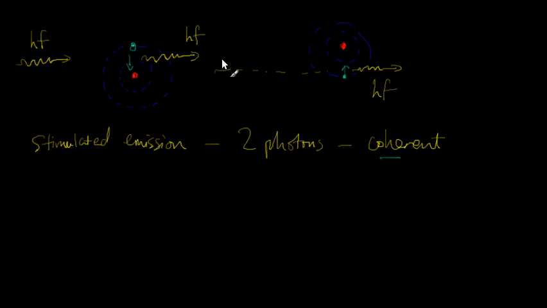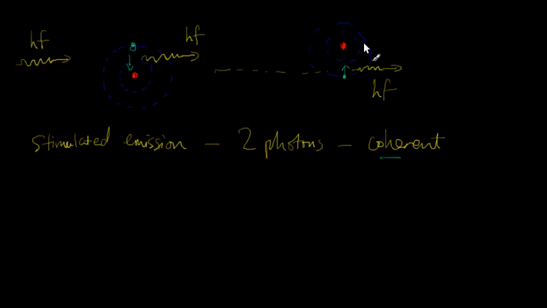Okay. So it means that the first and most important technical problem that has to be solved in making a laser work is that there must be enough excited atoms.